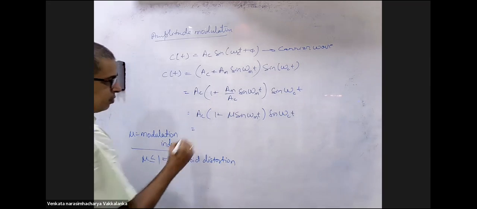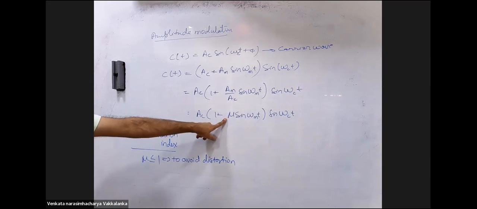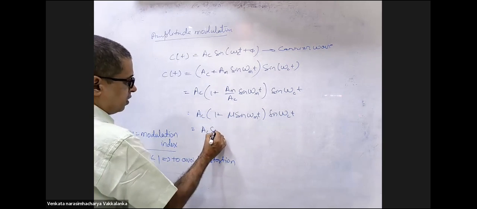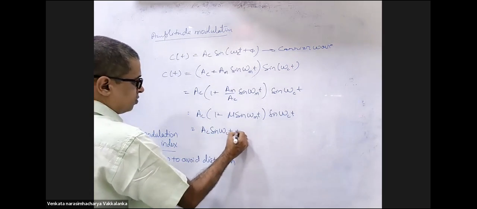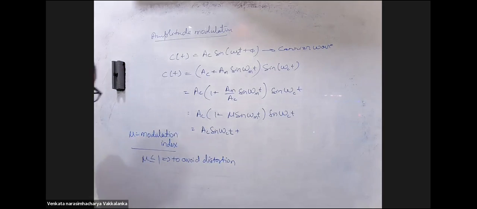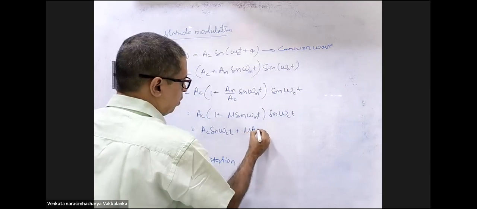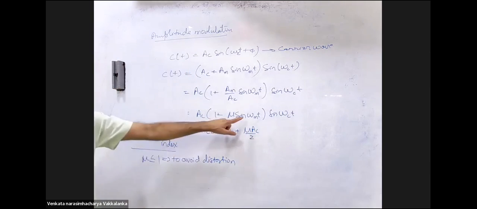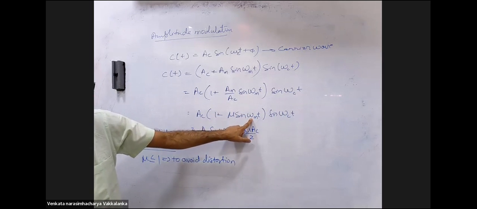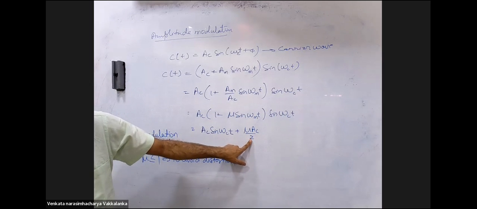Now observe this. We will open up this particular bracket. This will be A_C sine of omega_c t plus mu A_C by 2. What I have done, I multiplied the denominator by 2.